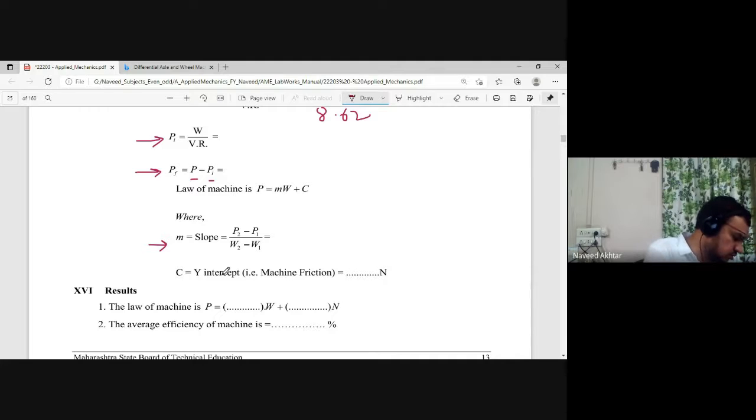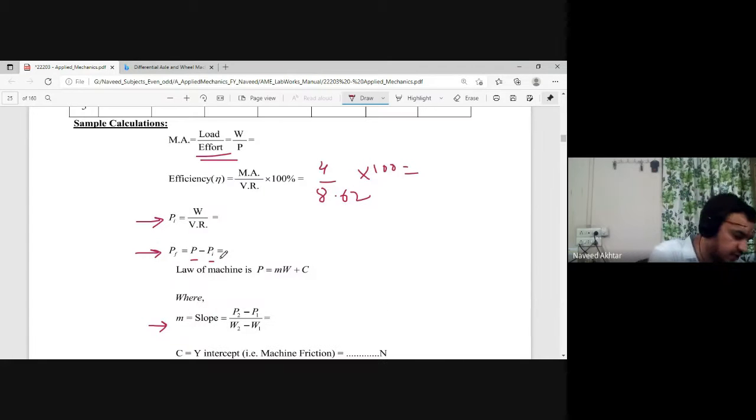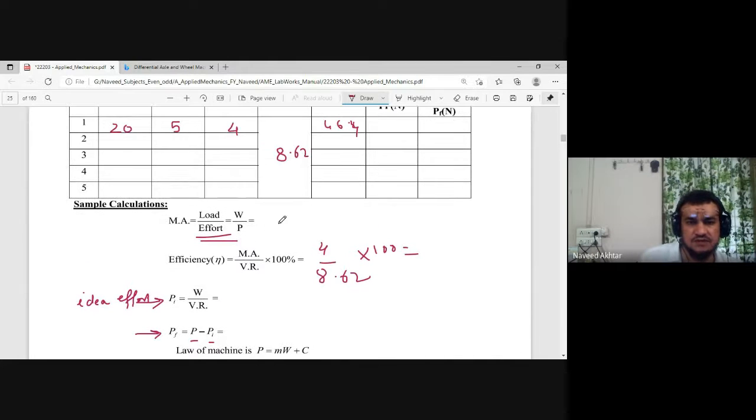So just a sample calculation. This is the ideal effort, PI. Yeah. For example, sample calculation we are doing.